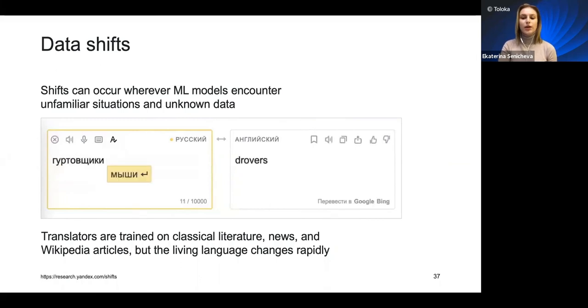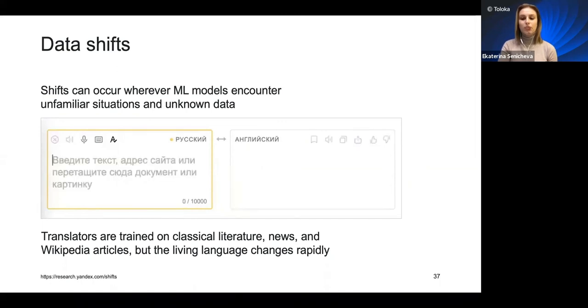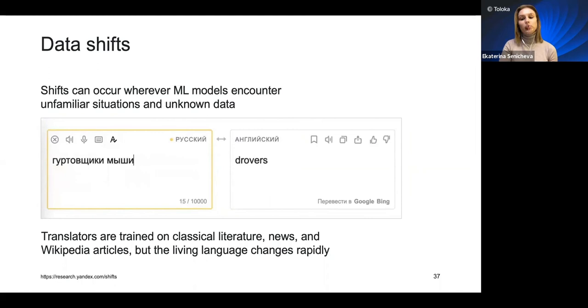It's like trying to apply an old algorithm to a new task. An example of data shift here, as we have already talked about language, would be machine translation. A translator is trained using literary and bureaucratic language. Scientists use legal documents, classic literature, and Wikipedia articles for translator training.